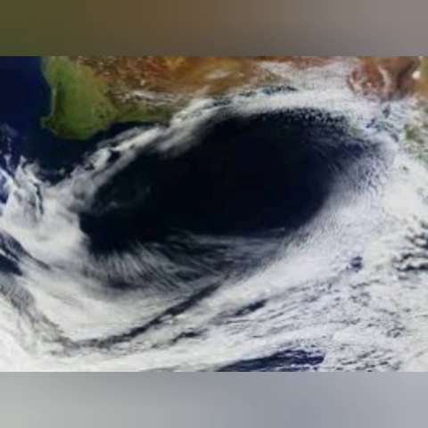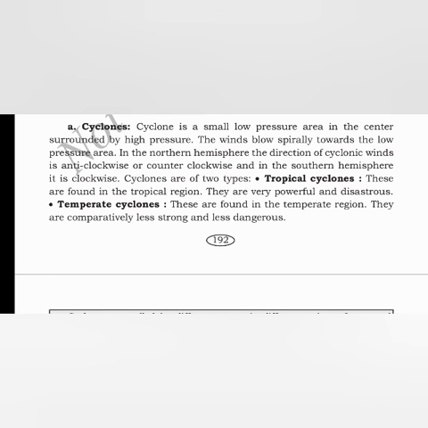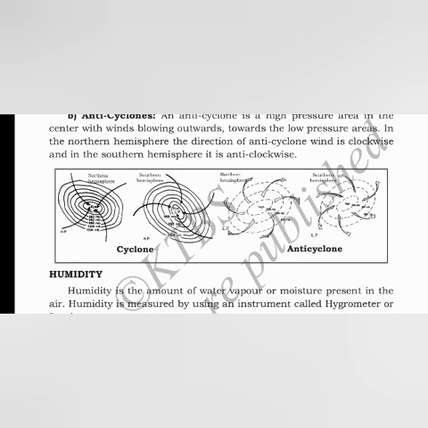These two types of cyclone are very harmful. The following pictures also show cyclone and anticyclone. Both are very dangerous. The anticyclone winds blow clockwise and the cyclone winds blow anticlockwise.